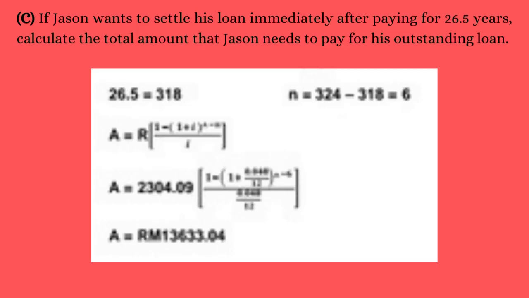So for n, 324 minus 318, my answer is 6. So n is 6. So A equal R bracket 1 minus bracket 1 plus I close the bracket, and then the power is negative n.